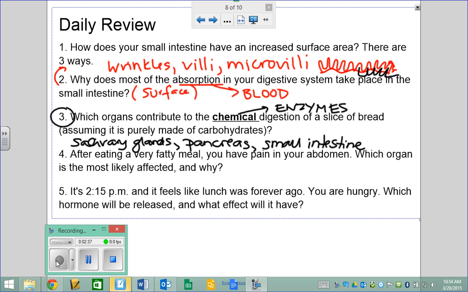But the secondary reason for the small intestine is it is making its own enzymes, maltase, sucrase, and lactase. So if I think about the enzymes, there are 5 enzymes that we discussed that contribute to breaking down a carbohydrate, and those are the 3 places that they come from. 1 from the salivary glands, 1 from the pancreas, and 3 from the small intestine.